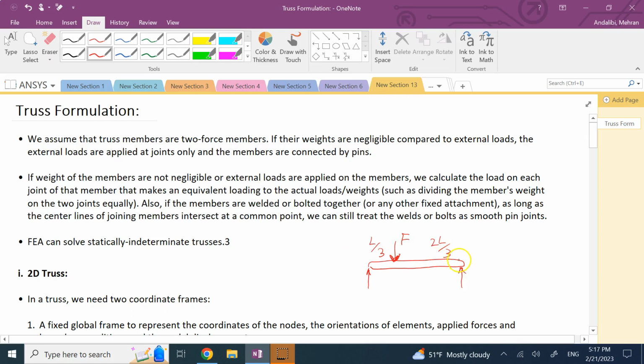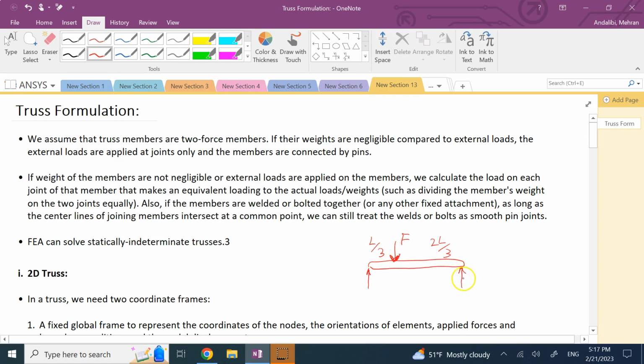Or if you take about here, it's going to be 2LF/3 plus this reaction times L equals 0, right? So from there, you can see the ratios of those forces to F, correct? So one of them is going to be the ratio of 1:3 to F. The other one is 2:3 to F, correct?